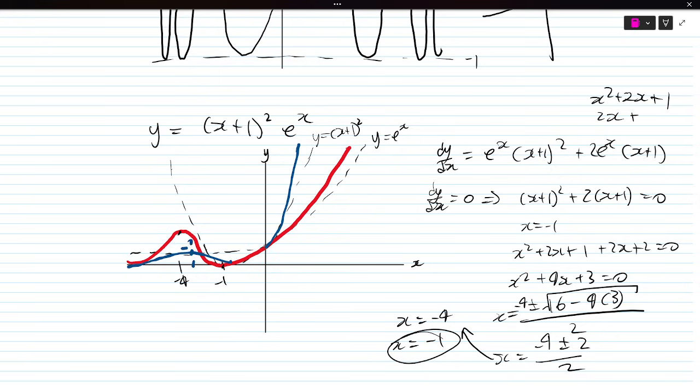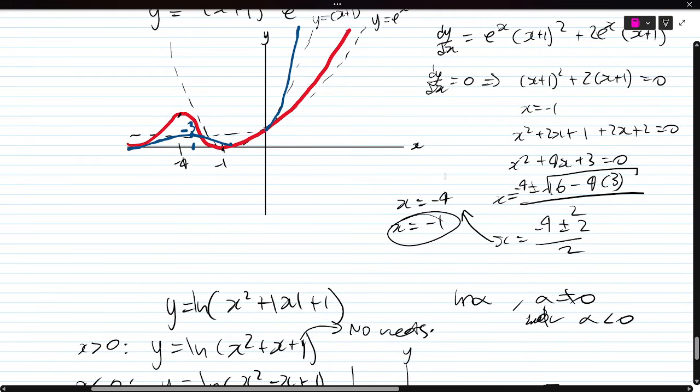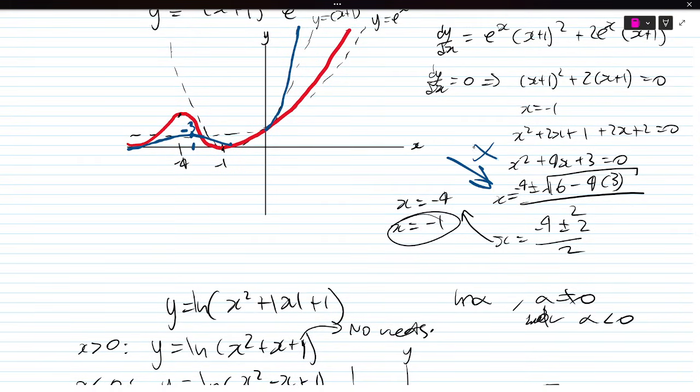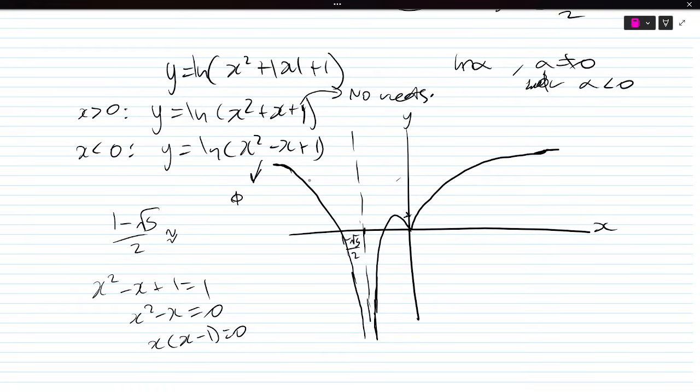This was my turning point. And I think something went wrong here and I've missed it because that's not my turning point. And my graph here should have looked like this because this does not have root phi, the golden ratio. Was it not?